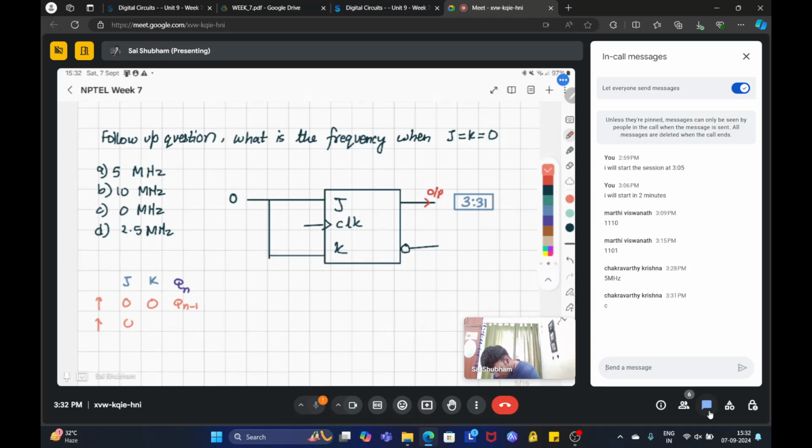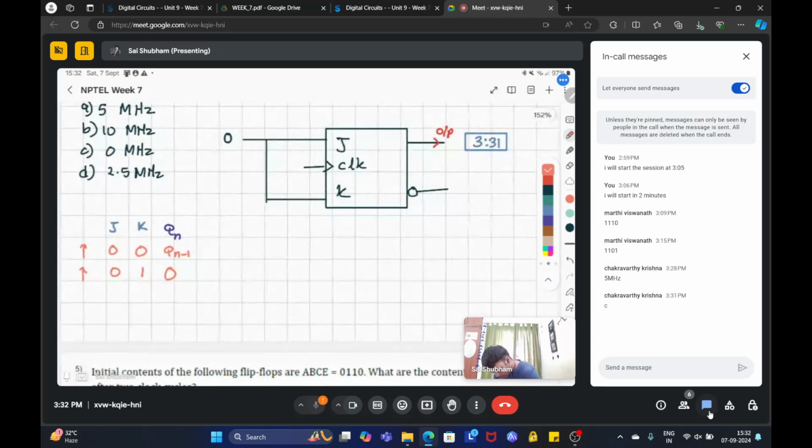If you have 0, 1, then output will be 0. If you have 1, 0, the output will be 1. And if you have 1, 1, it will be Qn minus 1 bar.